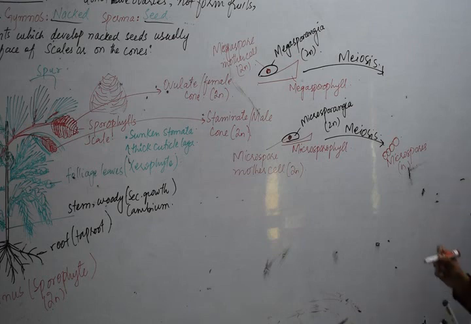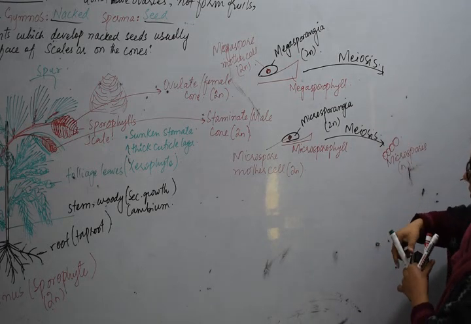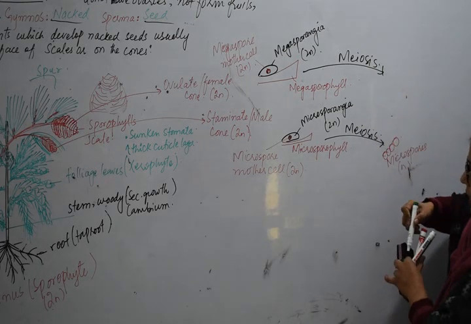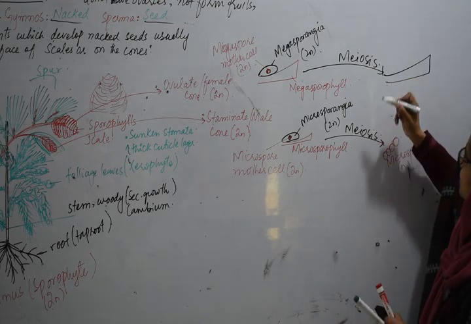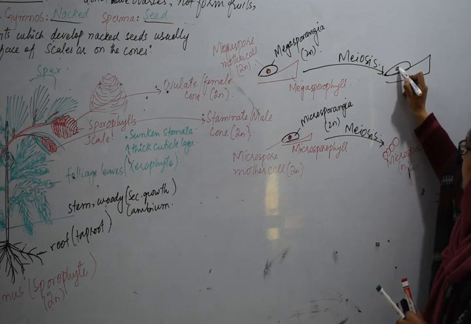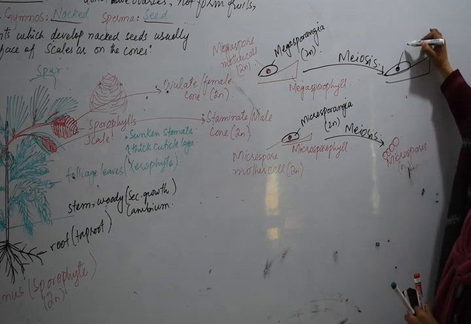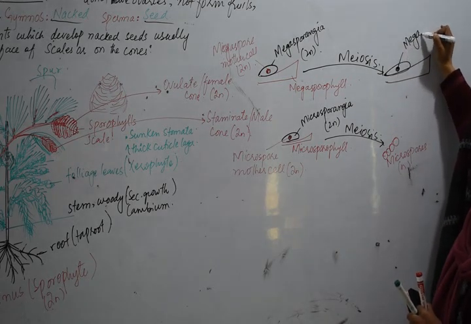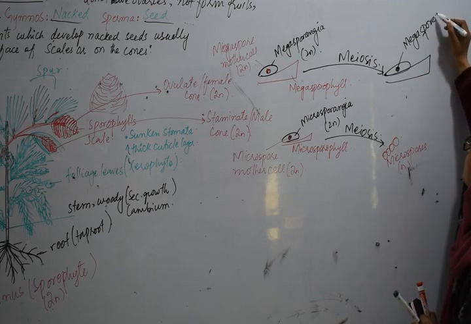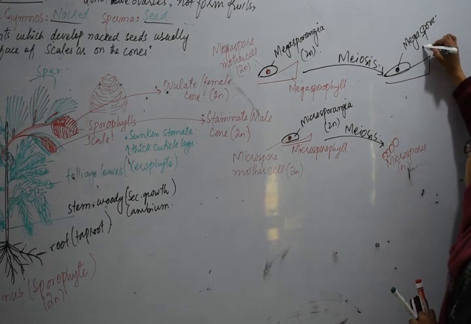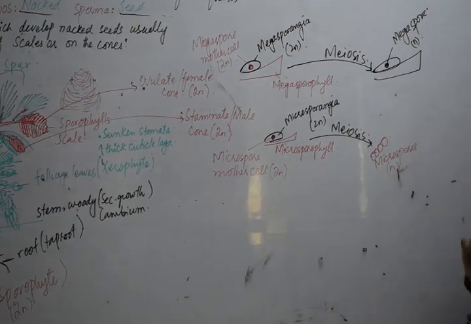While the megaspore mother cell undergoes meiosis and forms a larger megaspore. Actually, it will form 4 megaspores, but one will remain and the other 3 will become extinct. So it will also be haploid.